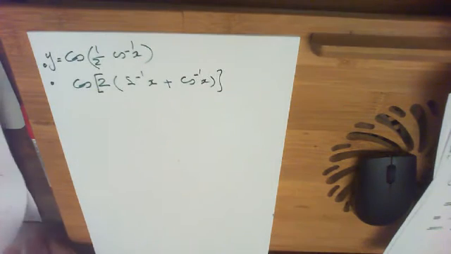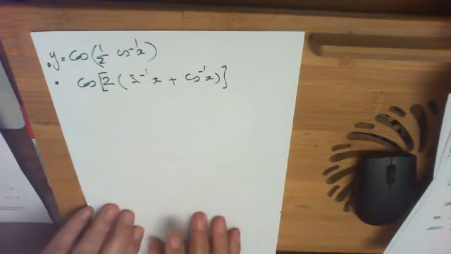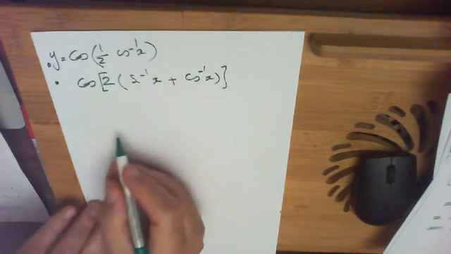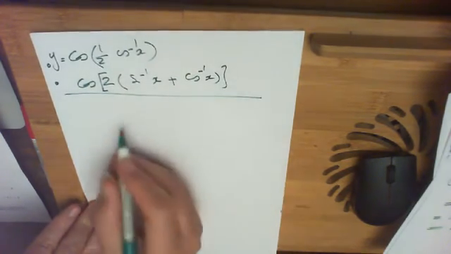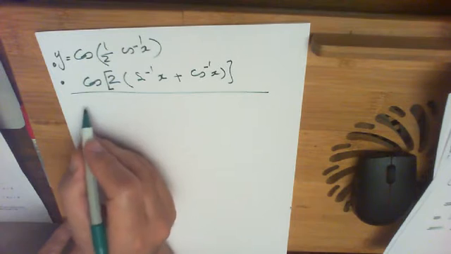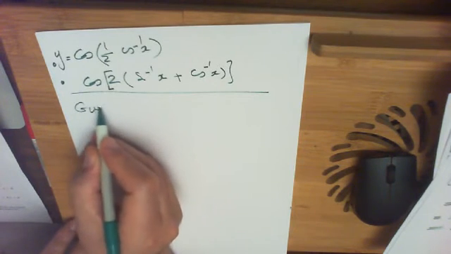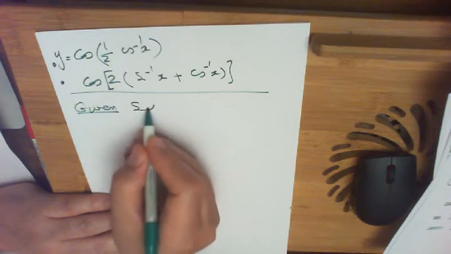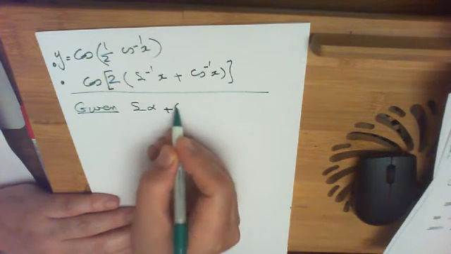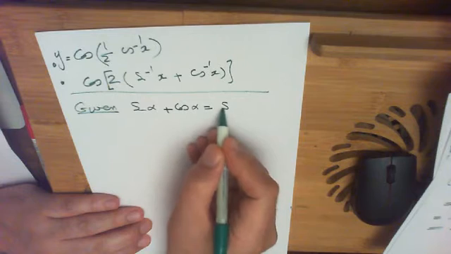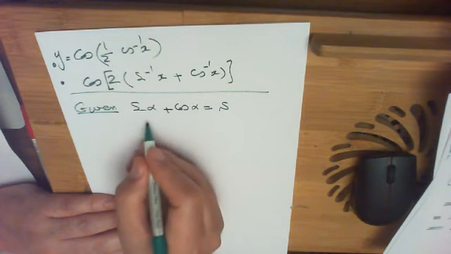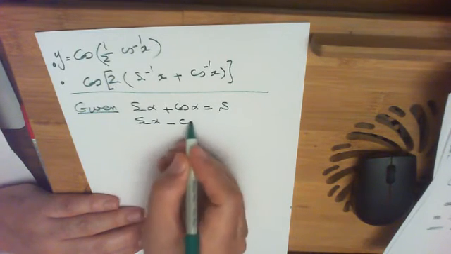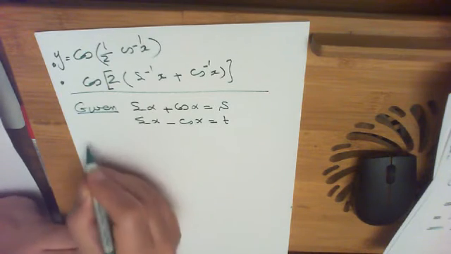Okay, let us enter the fourth part. Also a simple problem. Given sine alpha plus cosine alpha equals s, and sine alpha minus cosine alpha equals t.